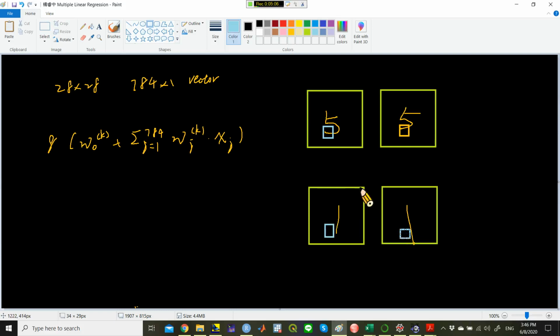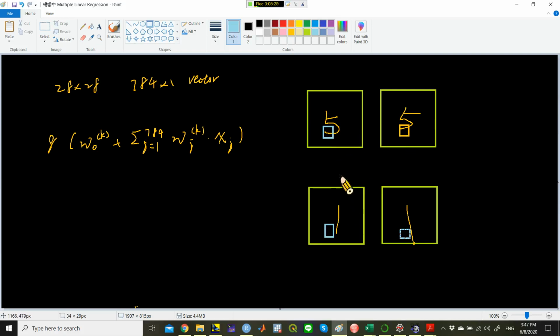What am I talking about? I'm talking about if you ask your computer to classify an image, the point is you can try to split your matrix into several squares and look at this square and that square. If this is a 5, this square may be similar to this square.